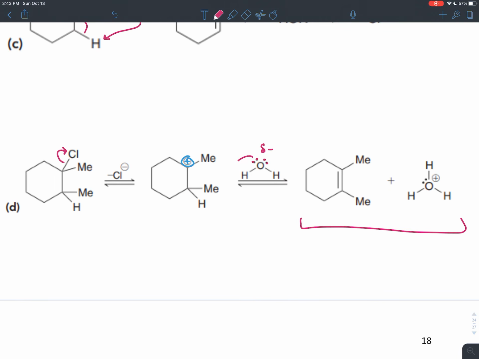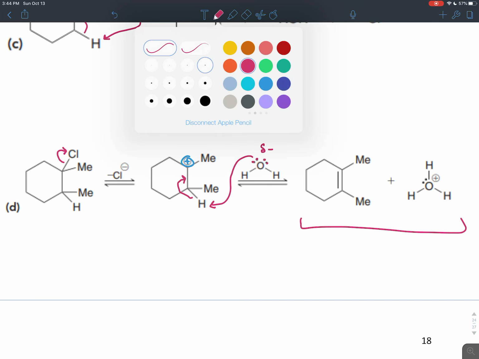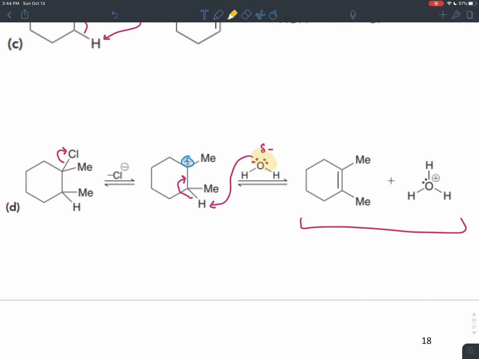Instead, they show the water molecule gaining a hydrogen. So what happens is the oxygen attacks the hydrogen. Always draw the tail of the curved arrow at the electrons in the nucleophile, the head of the curved arrow at the electrophile. That hydrogen is losing electrons. Those electrons go toward the positive charge to help stabilize it. And so here, that would create the double bond, and you'd have this step of a proton transfer.